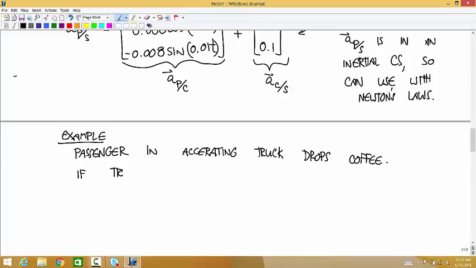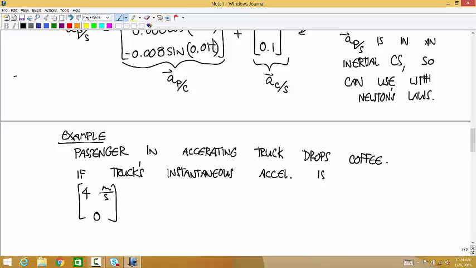If the truck's instantaneous acceleration is 4 meters per second squared, 0.